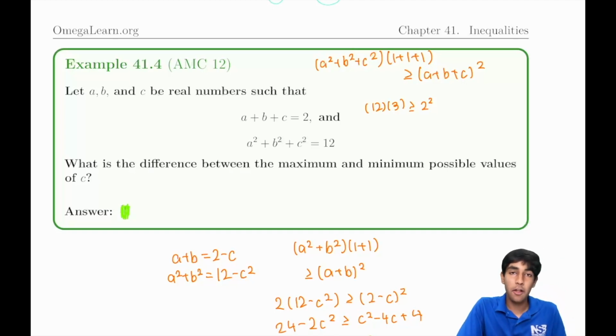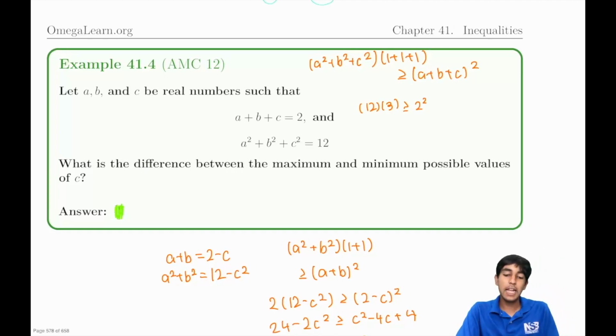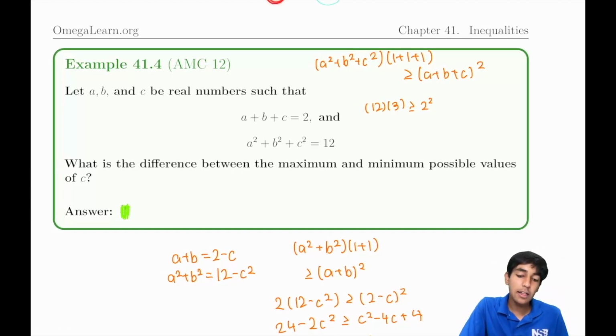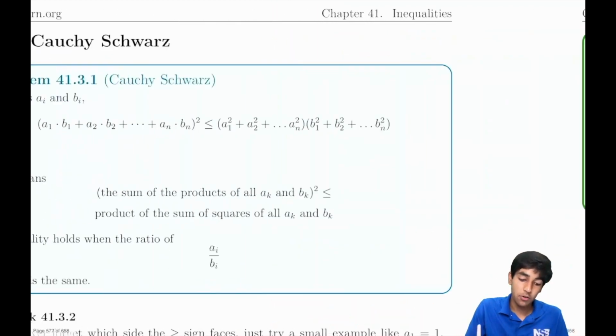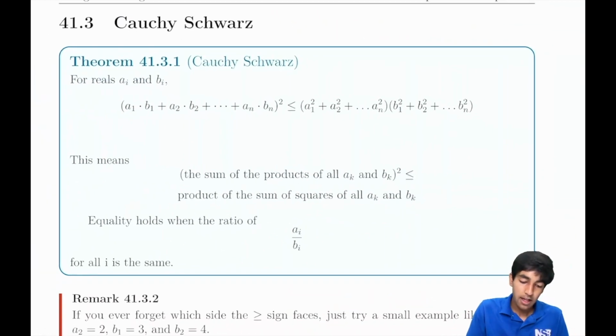So your maximum bound therefore doesn't work. So it's a good idea just to check, okay, in the equality case for this, what must be true? And in Cauchy-Schwarz, equality happens when the ratio of this term to this term, this term to this term, they're all the same.